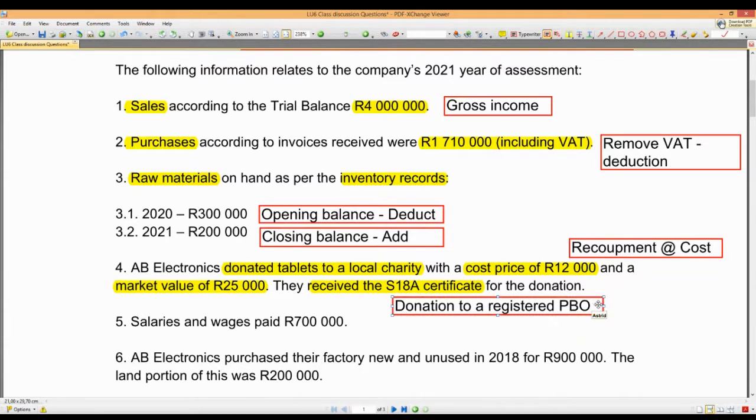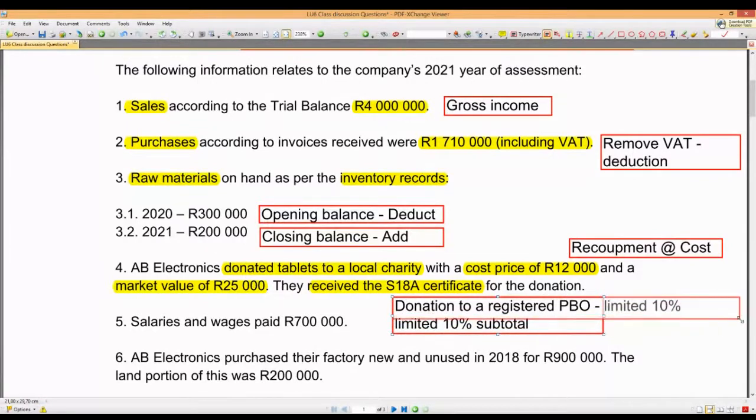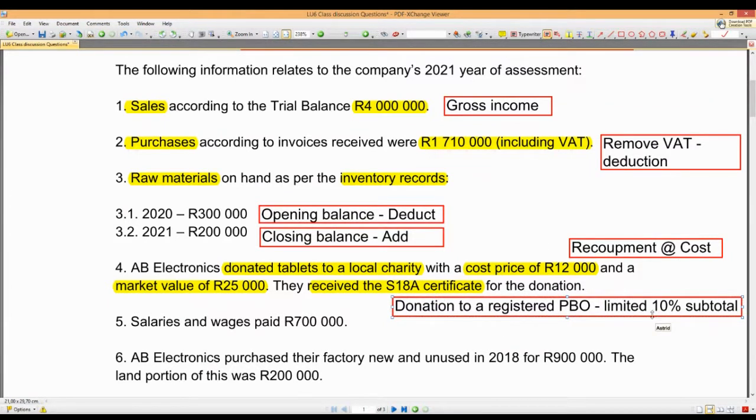Okay, so the donation to a registered PBO, the deduction will be limited to 10% of the subtotal exactly before we work out our taxable income. So when you see a Section 18A certificate, you also need to remember that there is an additional deduction we can deduct later on.